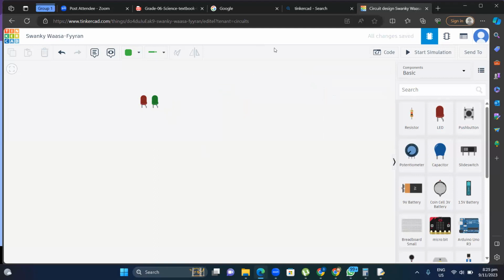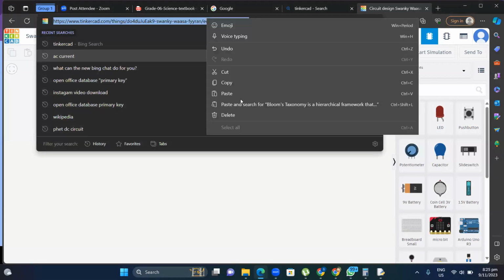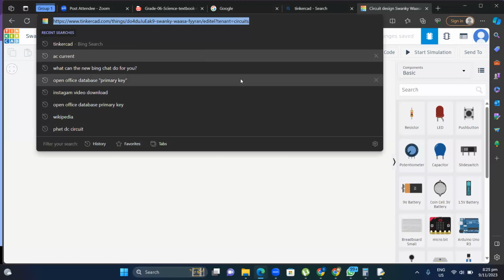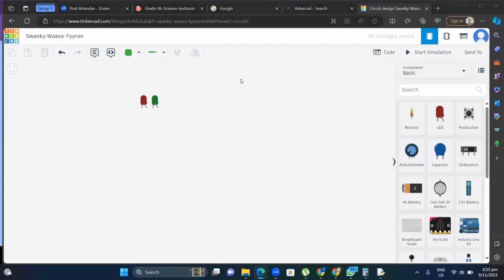You have to log in to Tinkercad and do this activity very quickly. I can give you 5 minutes. I will send you the link, but you have to log in using your Gmail.